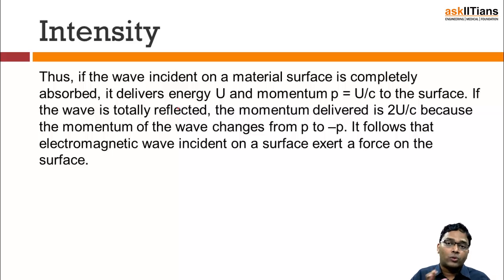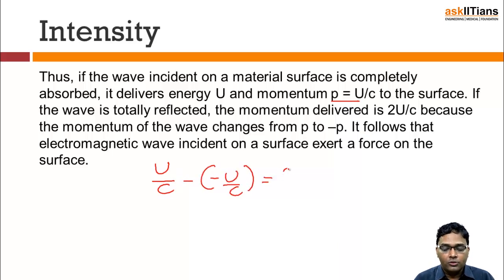If the wave is totally reflected, you'll have a momentum P, and the reflected momentum is going to be minus P. So the net momentum delivered is U by c minus U by c, which comes out to be 2U by c. This is the amount of momentum that is delivered on that particular surface from where it is getting reflected.